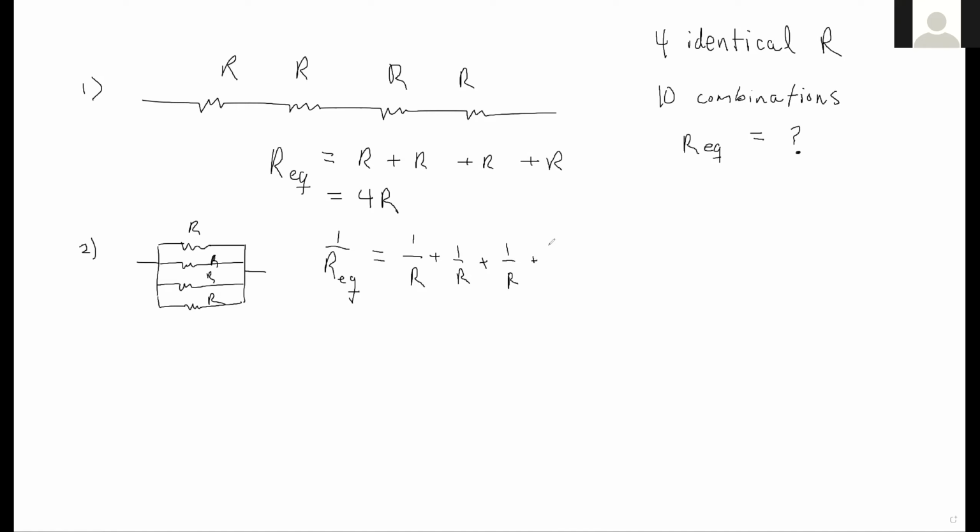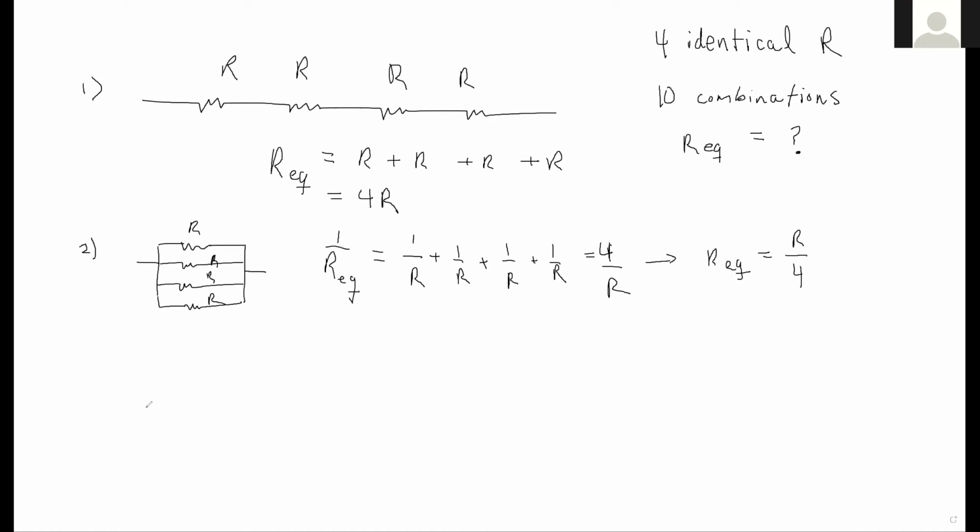So we get a factor of 4 over R. And when we reciprocate that, REQ is equal to R over 4. So parallel combination always makes the resistance go down. Questions about that, or that makes sense? No, it looks clear.